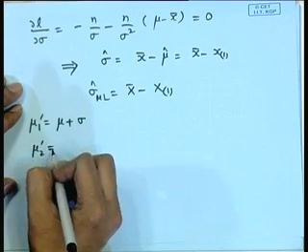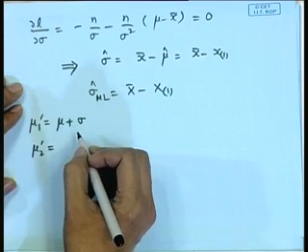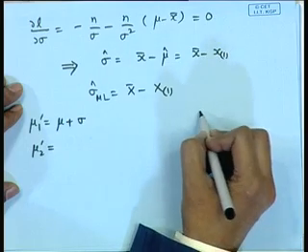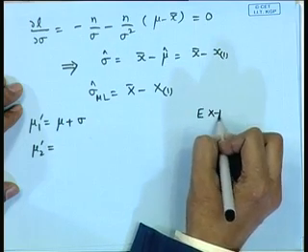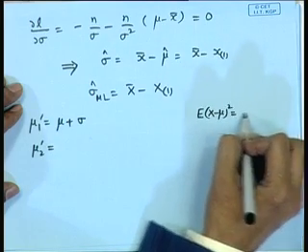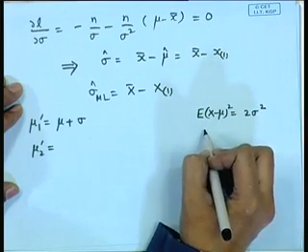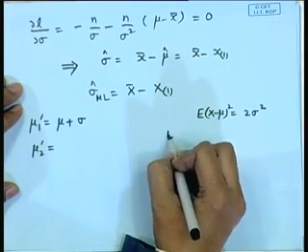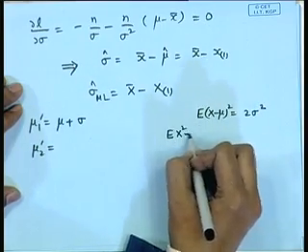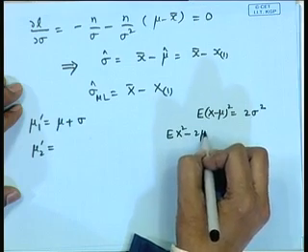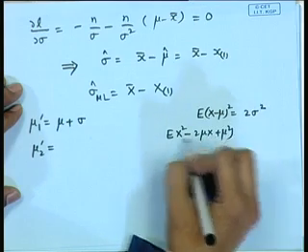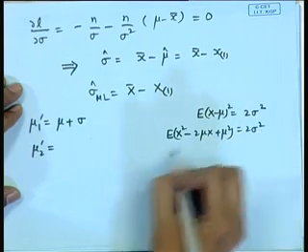mu 2 prime. Now, for that we can consider a certain transformation, expectation of x minus mu square, that is equal to twice sigma square. So, expectation of x square minus 2 mu x plus mu square is equal to twice sigma square.